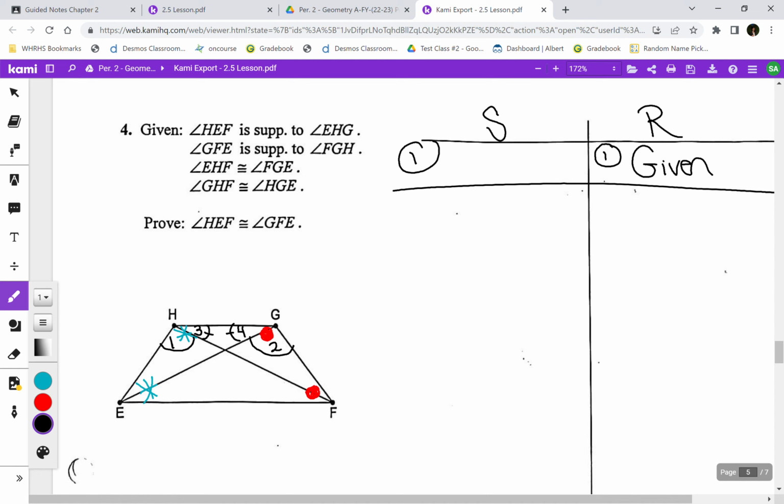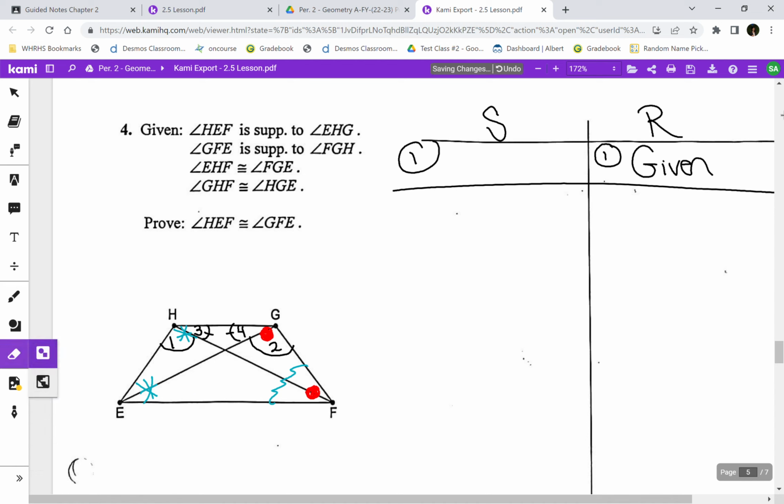Michael? I can conclude that HEF is congruent to GFE because you add them together. Say it one more time. Because if you add angle 1 and angle 3 together, it gives you... Probably I did that wrong.